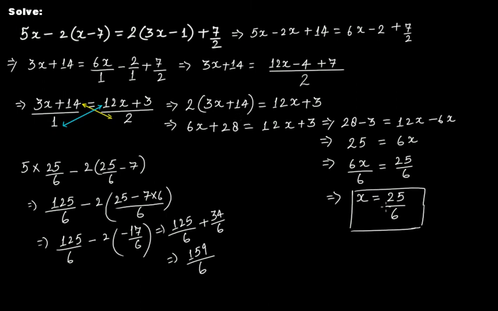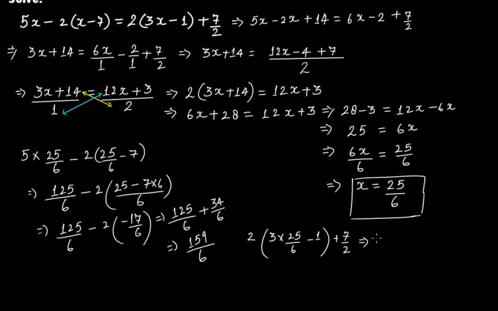Now let's put this value on the right hand side. So putting this value, you get 2 divided by 3 times 25 by 6 minus 1 plus 7 by 2.